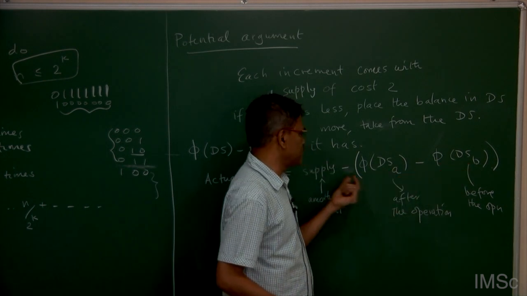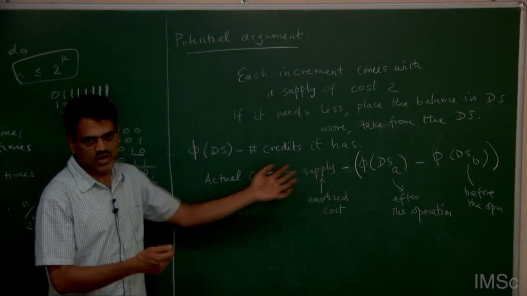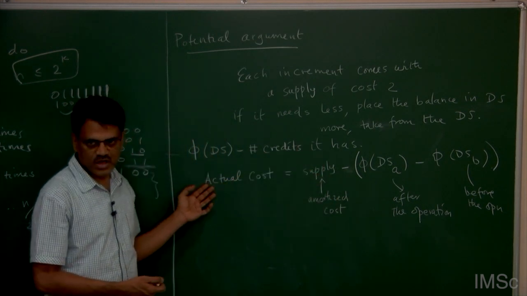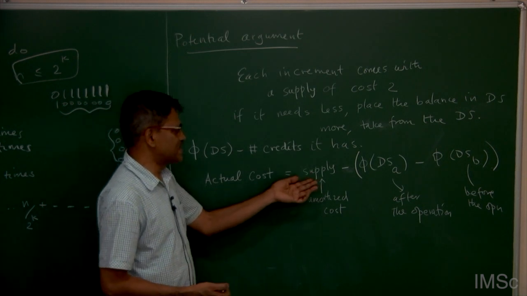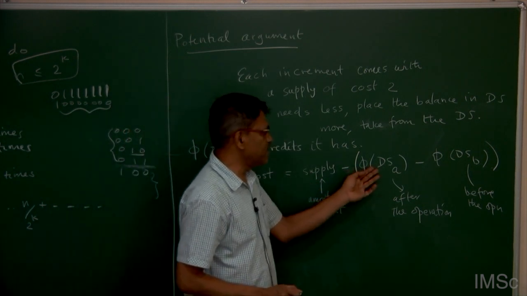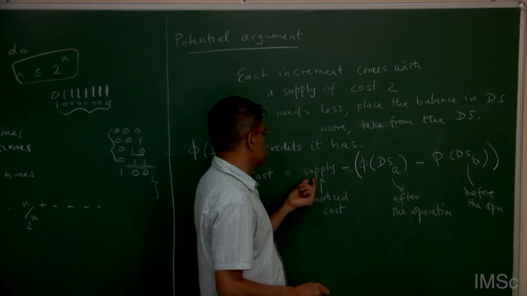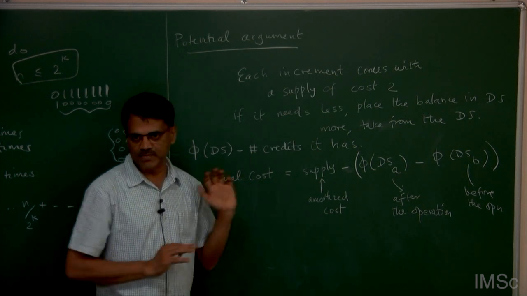This will be a negative number, and with a minus it becomes plus. So the supply plus whatever I'm getting will be the actual cost. If the supply is more than needed, I'm going to throw the balance into the data structure, so the potential after will increase. This will be a positive thing, so the actual cost will be less than what I'm supplying.